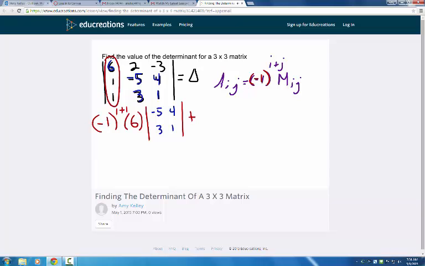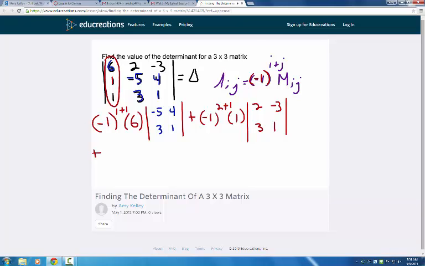Plus, now we move down to row 2, column 1, so negative 1 to the power of 2 plus 1 times the element 1 times the matrix 2, negative 3, 3, 1.